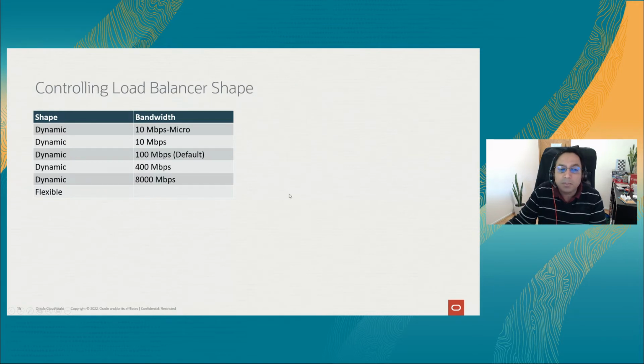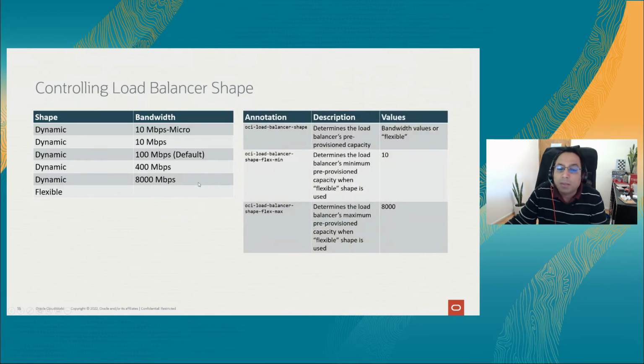So if you just set the service of type load balancer, the one dynamic and giving you bandwidth of 100 Mbps will be created by default for you. There is also the flexible load balancer, and a flexible load balancer basically allows you to set the minimum and the maximum bandwidth, and in doing so, you get charged accordingly.